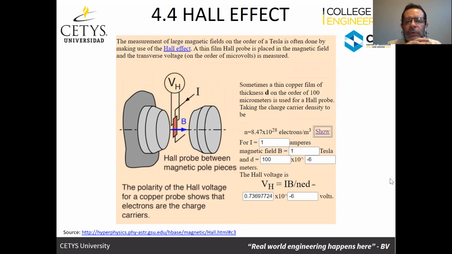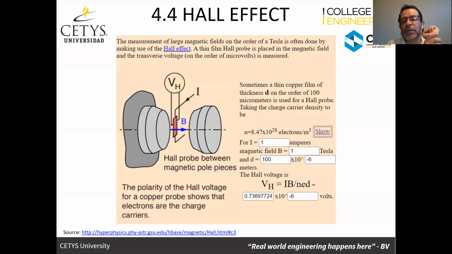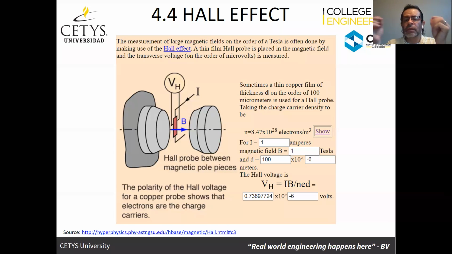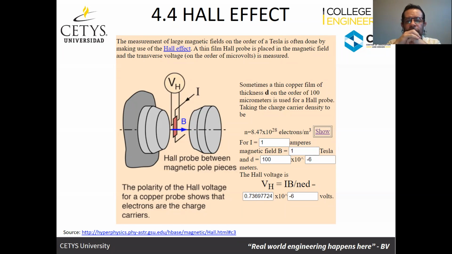But in this example, assuming that we've got a small copper film, then N, the density of electrons, is 8.47 times 10 to the 28. That's a constant for copper. Depending on different types of materials that we would be using, we would have different concentrations of electrons.